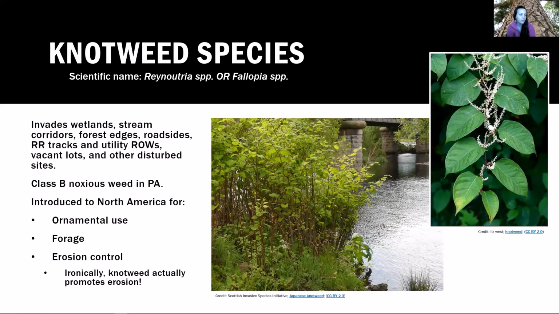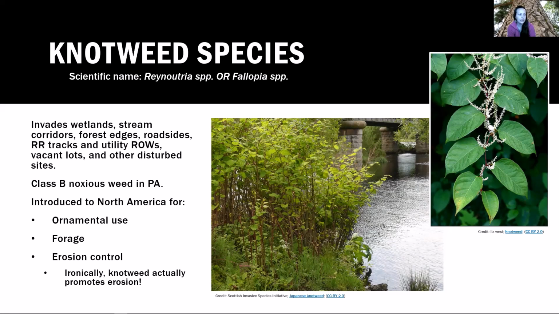So knotweed can invade a variety of different habitats. It does like both wet and dry areas. So you will find it in wetlands, stream corridors, but also along forest edges. You will very likely see it or already have seen it as you're driving along, along the roadside. You'll see it along railroad tracks and also utility right-of-ways. Pretty much any other kind of disturbed area, knotweed will easily invade those places.